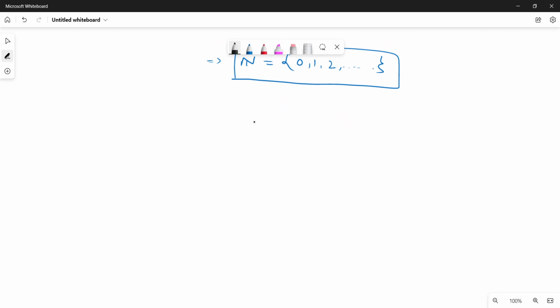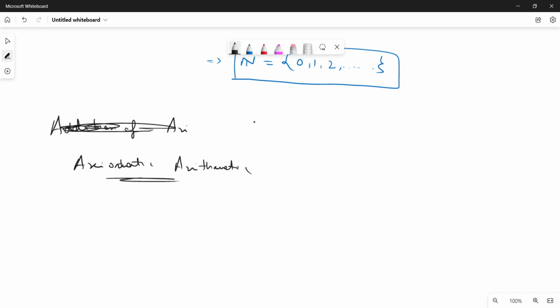That is addition and multiplication. So the addition of axiomatic arithmetic.